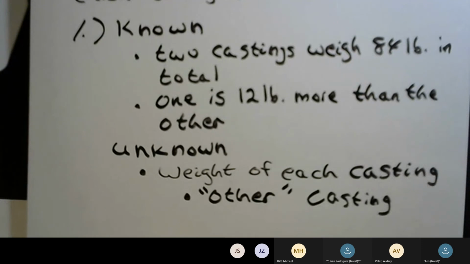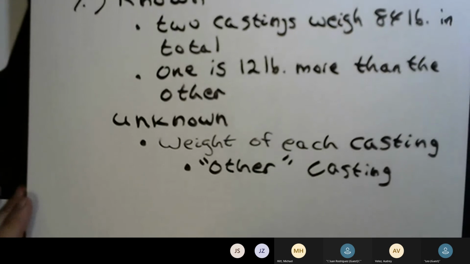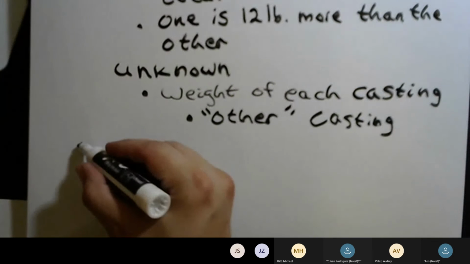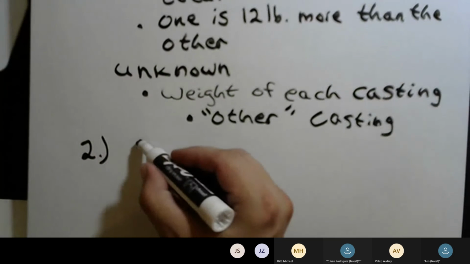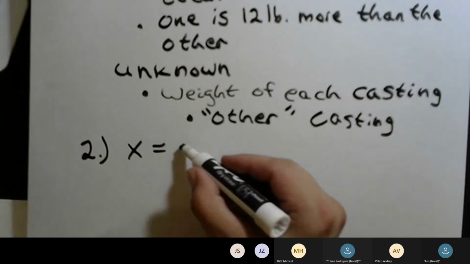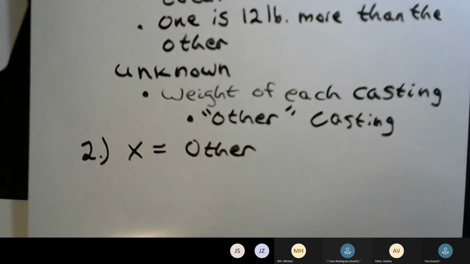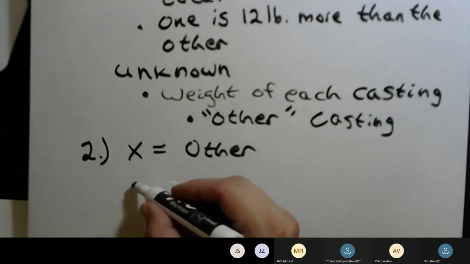So what we can do is this. Now we can assign variables. So for step 2, we're going to let x be the other casting weight. Now, what do we know about the one casting?